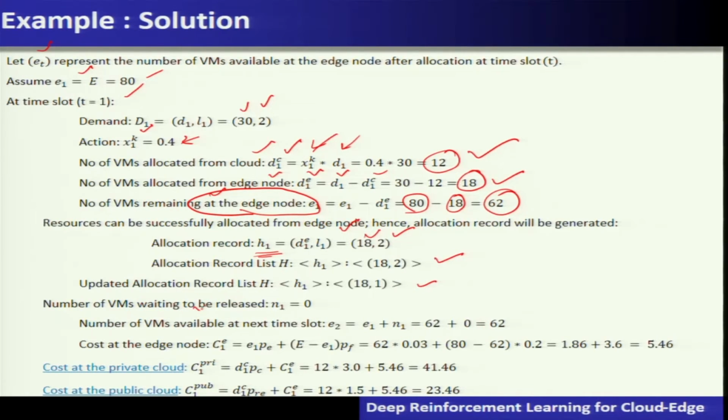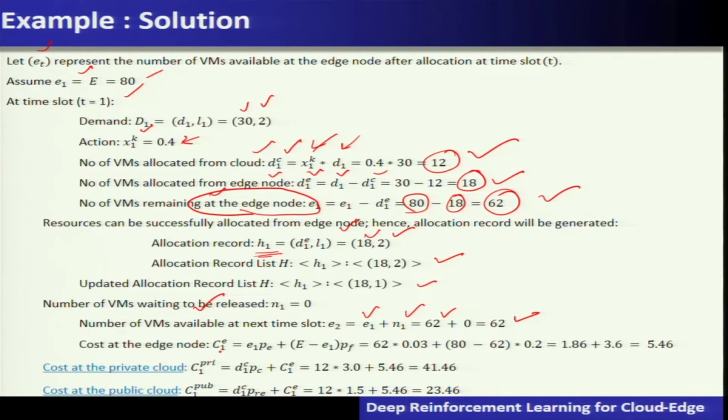The number of virtual machines waiting to be released is 0 in the beginning because it is the first time slot. So the number of virtual machines available in the next time slot, E2, will be E1 plus N1, that is 62. So 62 will be available for the next time slots.